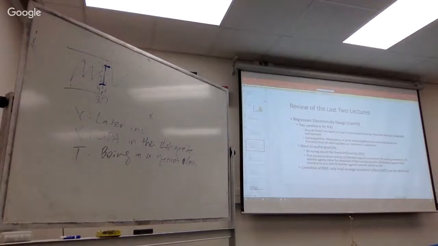The four questions about sorting are basically whether agents know what the running variable is, whether agents know the threshold of the running variable, whether agents have incentive to sort, and whether agents have the ability to sort.